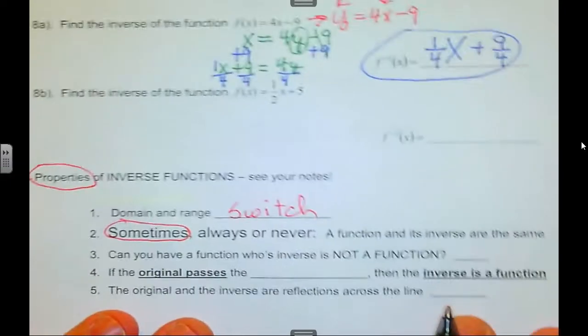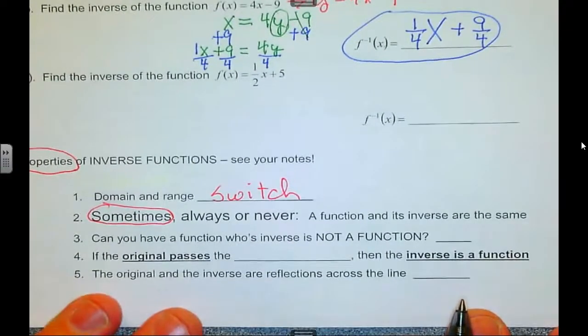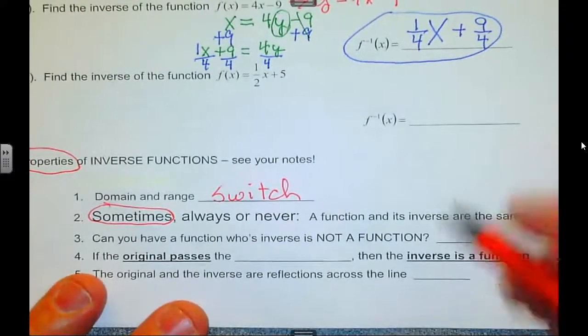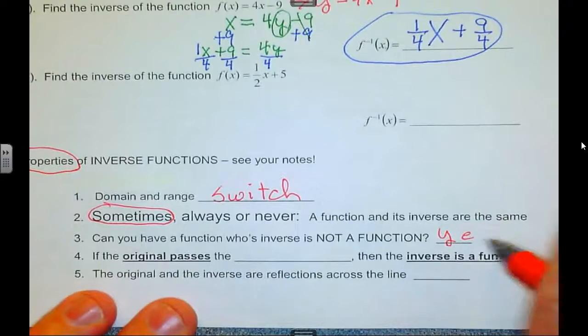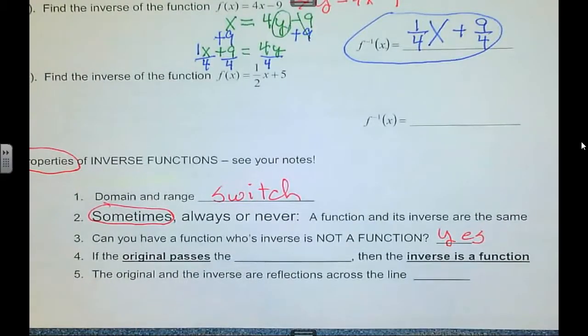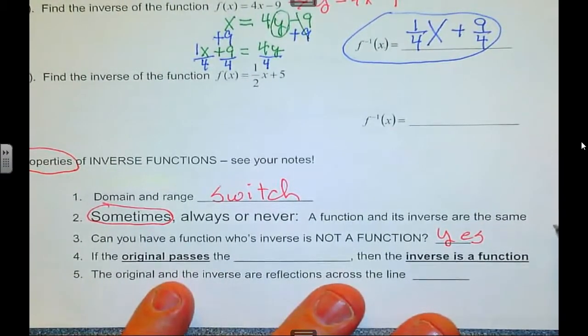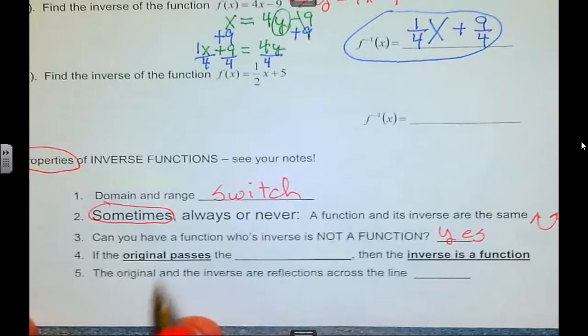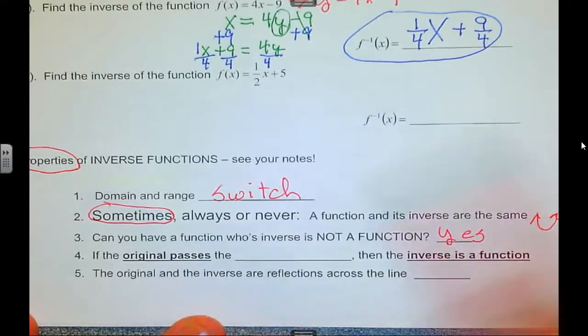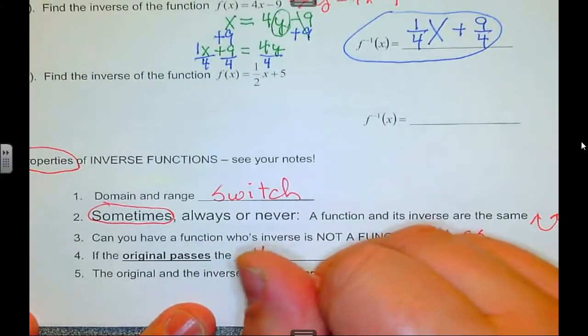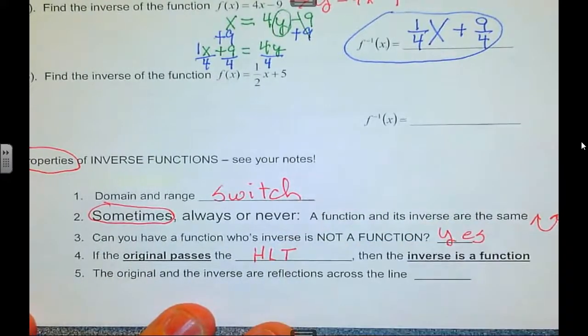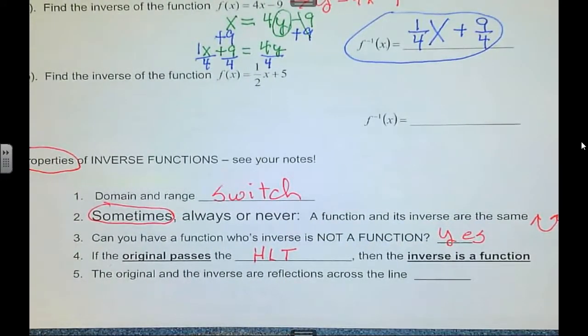Can you have a function whose inverse is not a function? Yes. Perfect example, a parabola. If the original passes the horizontal line test, then the inverse is a function.